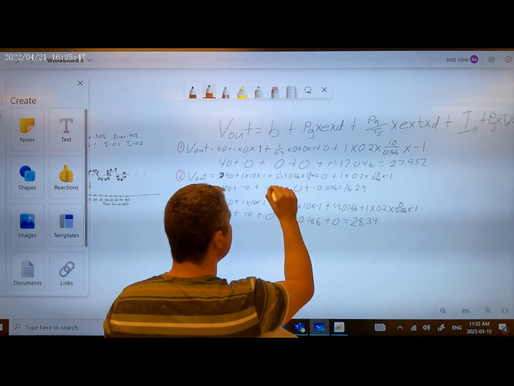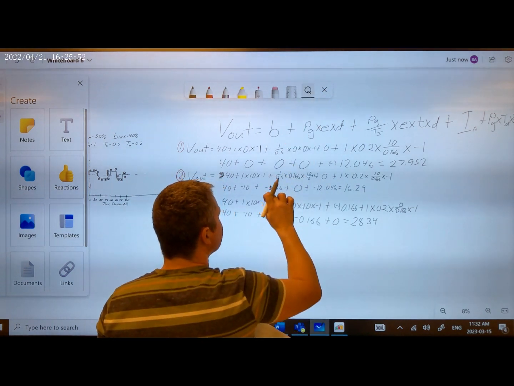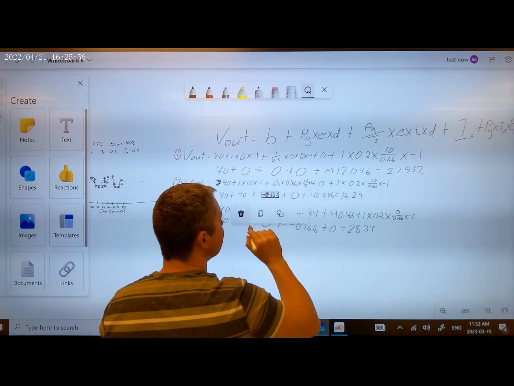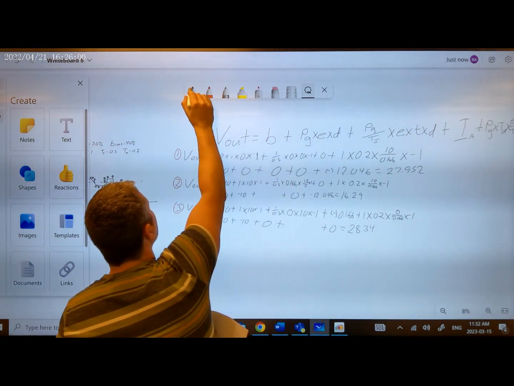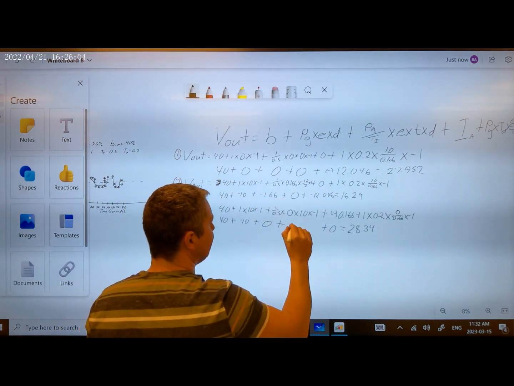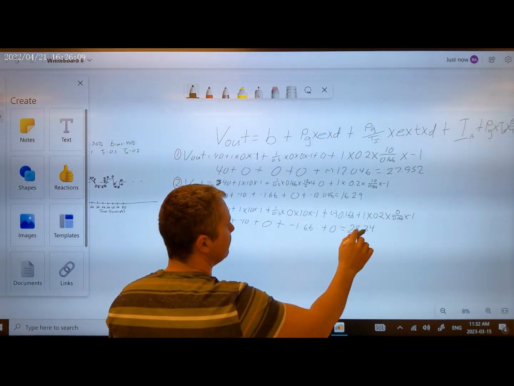That was supposed to be 1. Sorry, I'm doing some of this off of memory, and I'm not even checking my notes, and I'm not using a calculator. So that was supposed to be negative 1.66, negative 1.66. Thank you. The answers are still right.